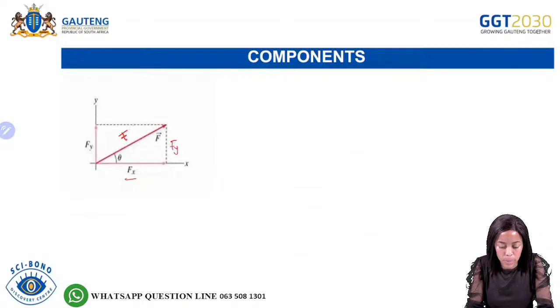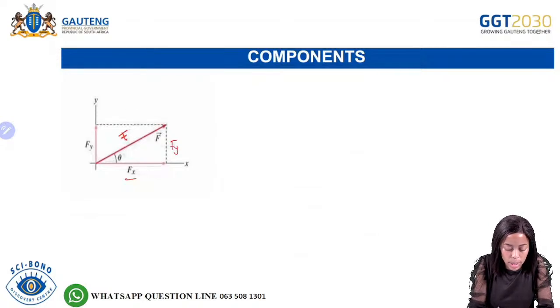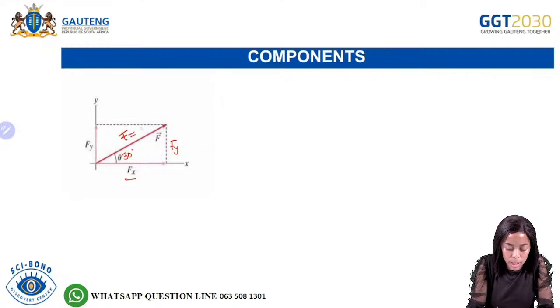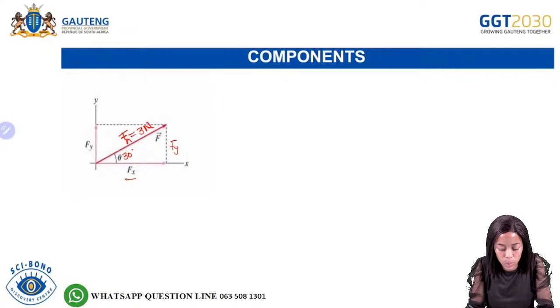Let's say this angle is given as 30 degrees, and maybe you need to calculate your x component, your Fx, or your Fy. How are you going to do that? Let's say you are given the applied force as 3 Newton.